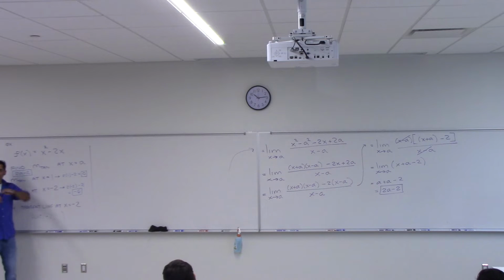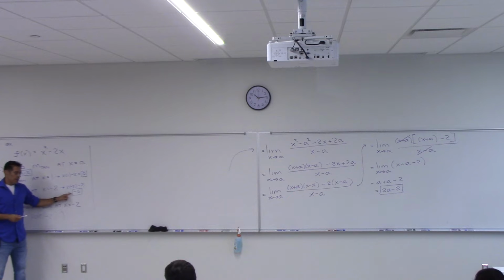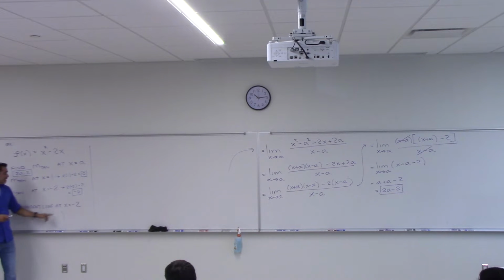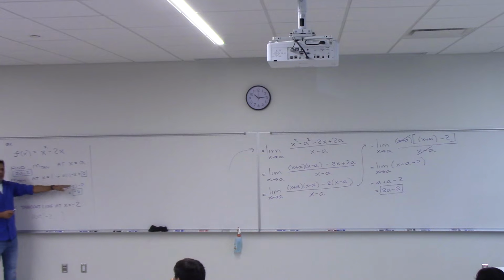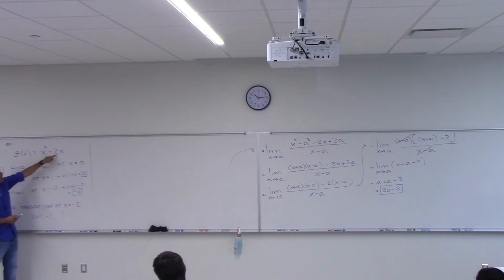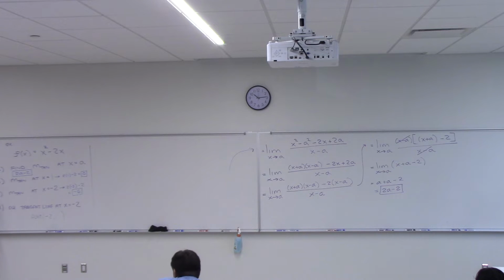Remember, to find the equation of a line, you need a point on the line, and then you need the slope. Here's the slope. I need a point. I've been given the x-coordinate; I just need the y-coordinate. The y-coordinate from the graph, though, not from this formula. So plug -2 into this, and what do you get? -2 squared, 4, and then negative, you get 8.